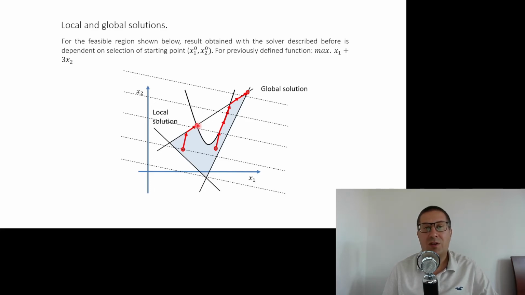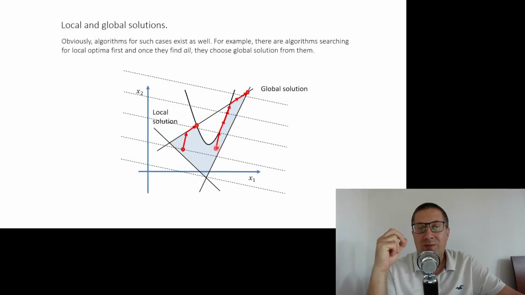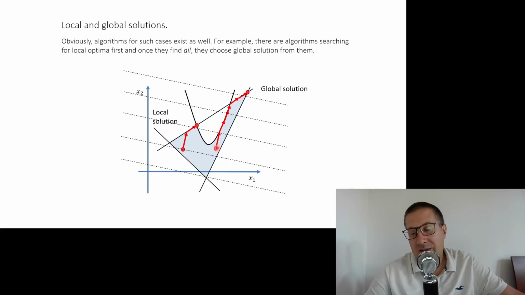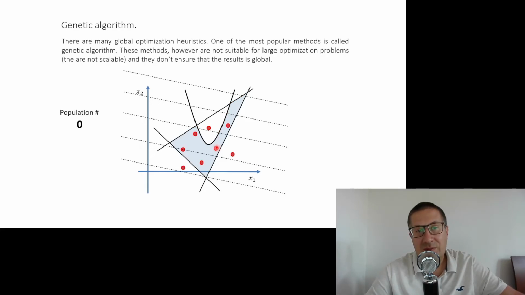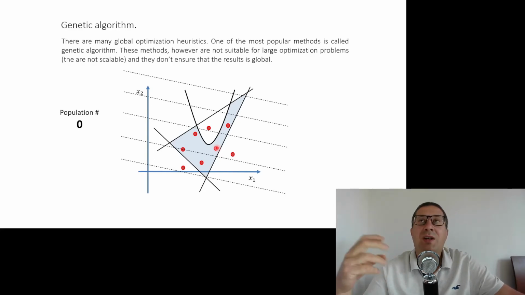This is a local optimal solution, but not the global one. The global one is here, and we can achieve it if we start from here. How to deal with this? We can, for instance, use the genetic algorithm. This is a heuristic that helps us to solve such problems.